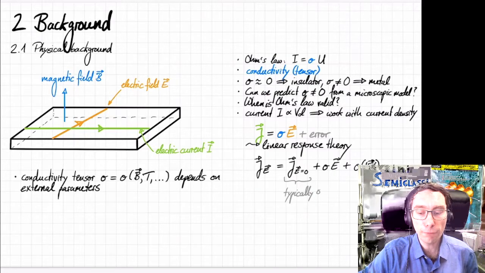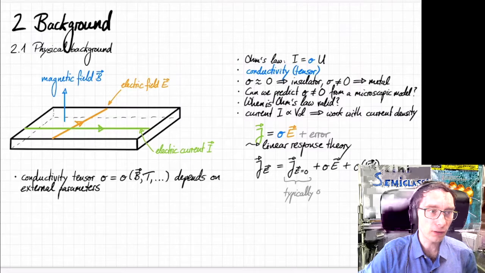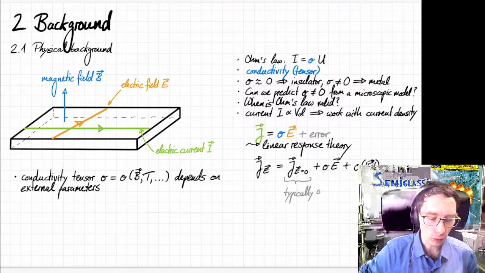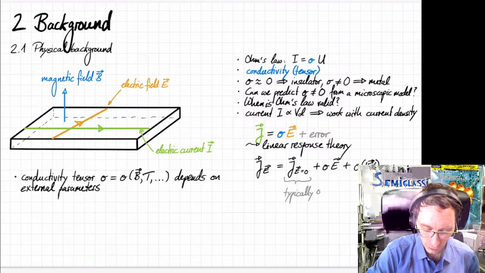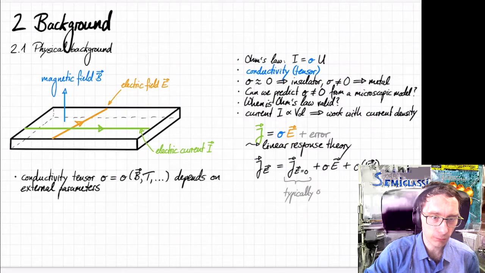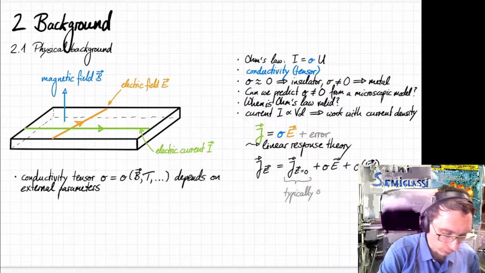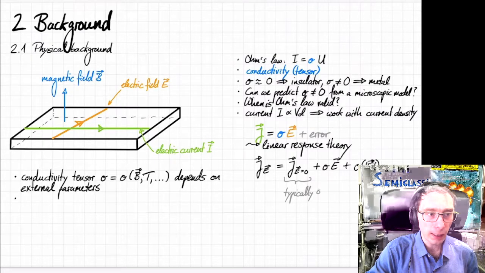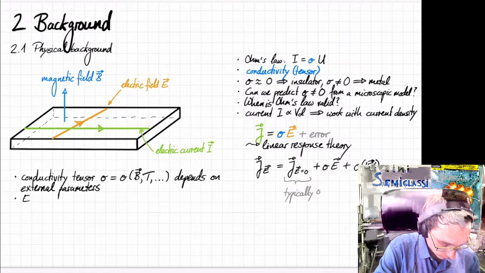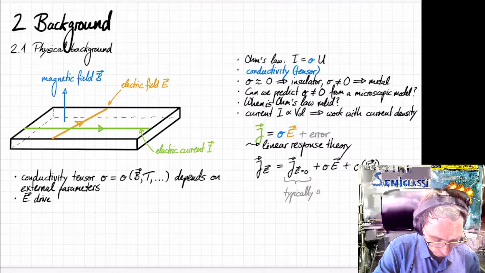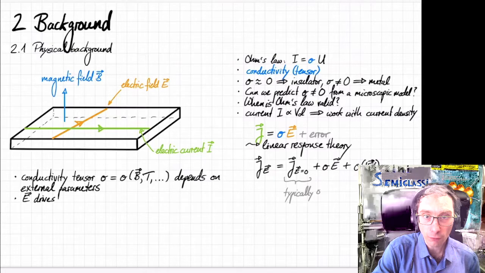And this is, in fact, what I meant by saying that the magnetic field and the electric field are not treated on the same footing. So in the framework of linear response theory, you only expand in terms of the electric field, but you do not expand in terms of the magnetic field. And that is because they play different roles. Namely, the electric field's purpose is to drive the system out of equilibrium.